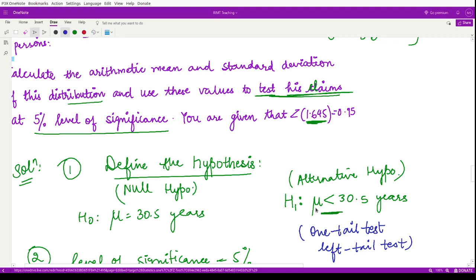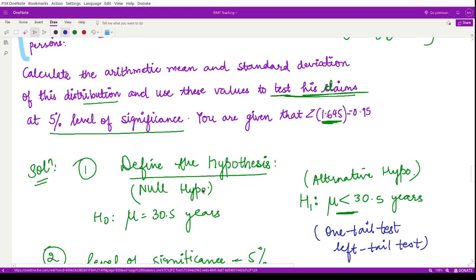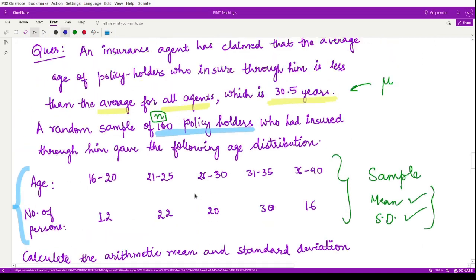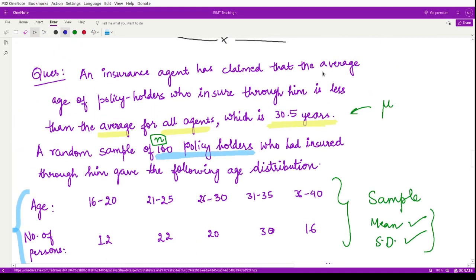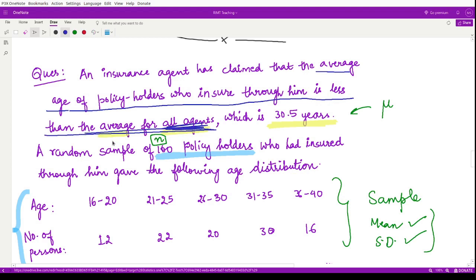So let's go back to the statement of the question. The claim made by the insurance agent says that the average age of policy holders who insure through him is less than the average for all agents. All agents is the population, right?